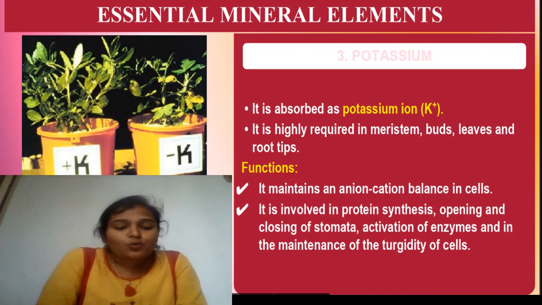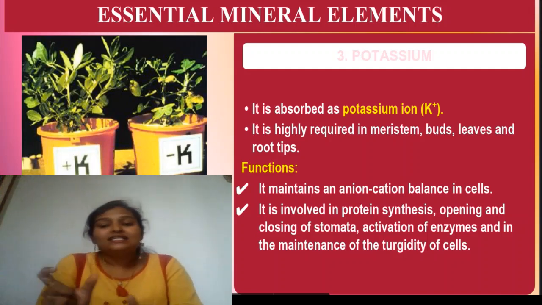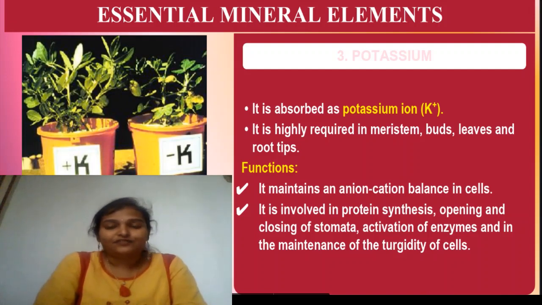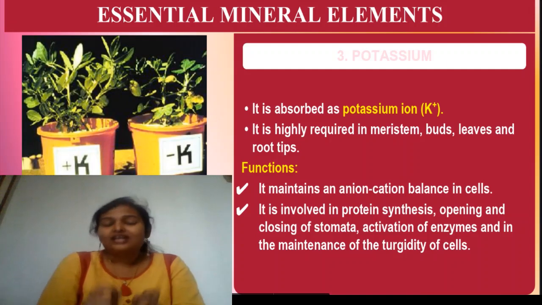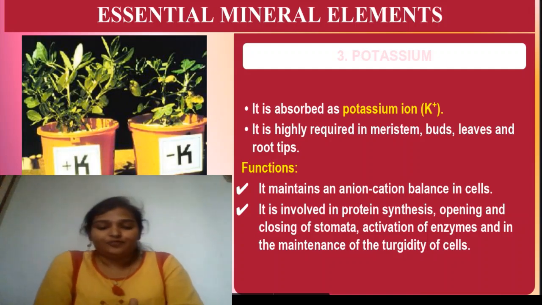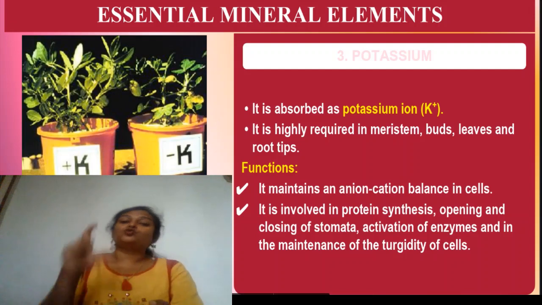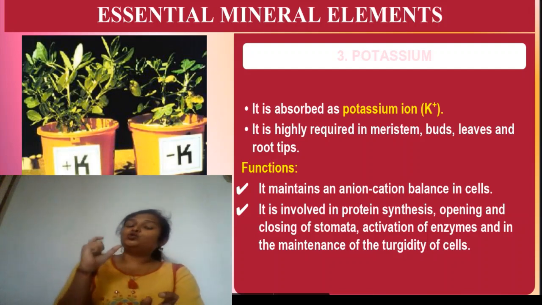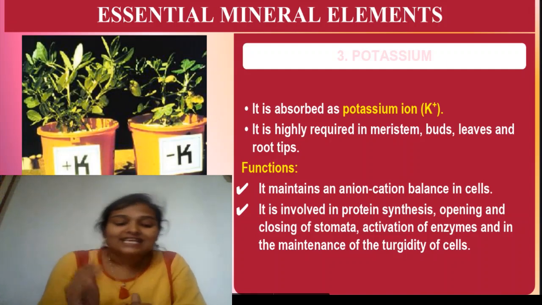Okay, so what are the deficiency symptoms? See, deficiency symptoms is nothing but a mottled leaf. Mottled means interveinal chlorosis, meaning there are veins present on the leaf, and the yellowing of the leaf happens between the veins. So that's why we say interveinal chlorosis, and shortening of which one? Internodes. You know the distance between two nodes, or the space between the two nodes, is what we call internodes.